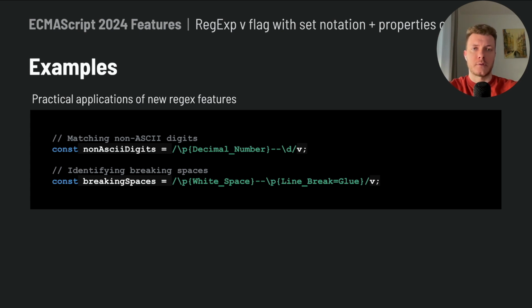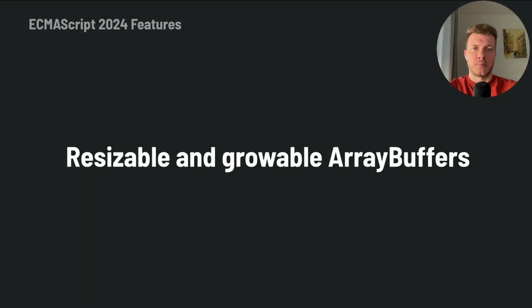in the developer's toolkit. The capabilities of array buffers in ECMAScript have been enhanced, adding resizing and incrementing capabilities. This major update allows buffers to be incremented and decremented in place, marking a leap in efficient memory management.